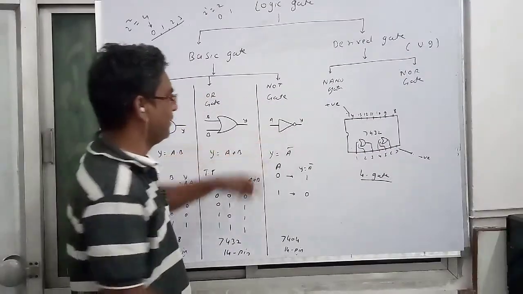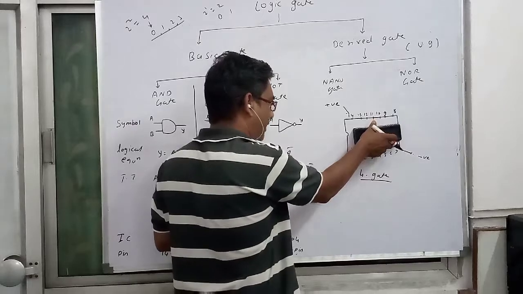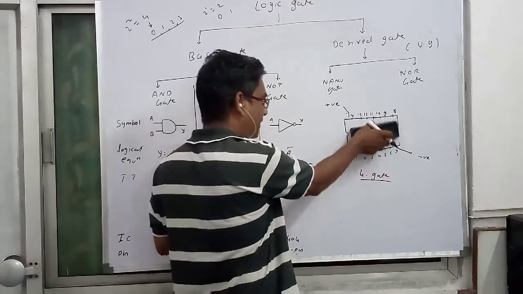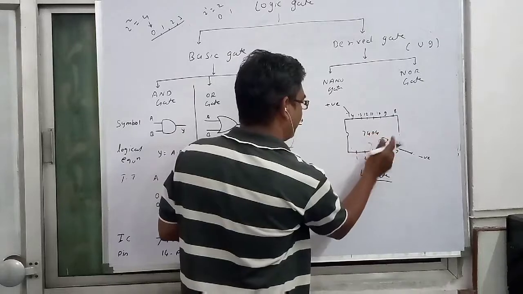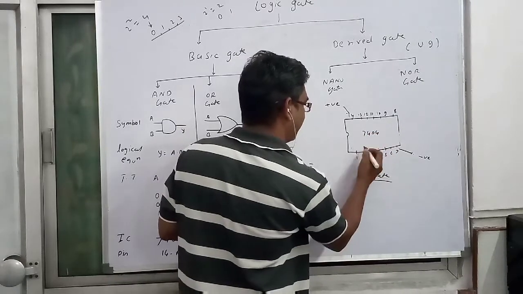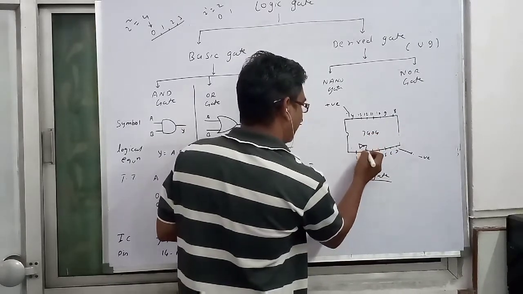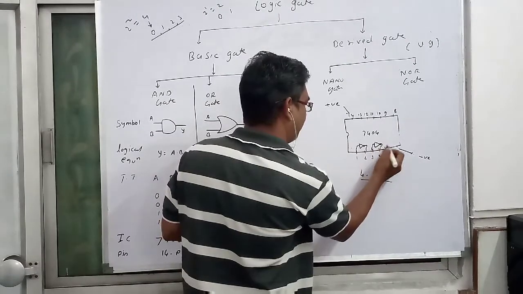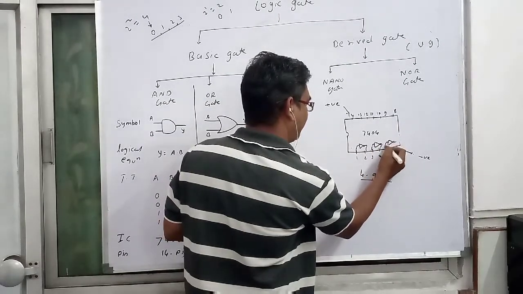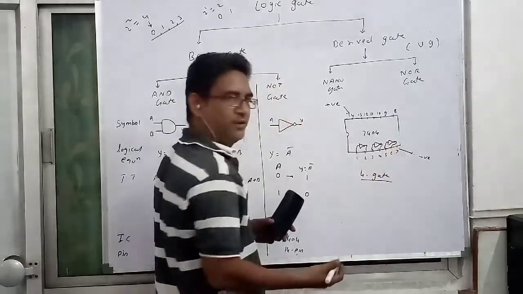Likewise, the NOT gate. In the NOT gate IC, 7404, there are 6 gates. That is pin number 1, pin number 2, then pin 3, pin 4, then pin 5, pin 6.